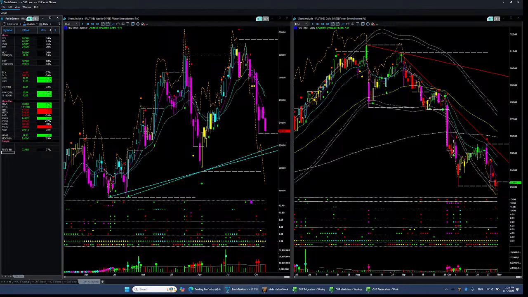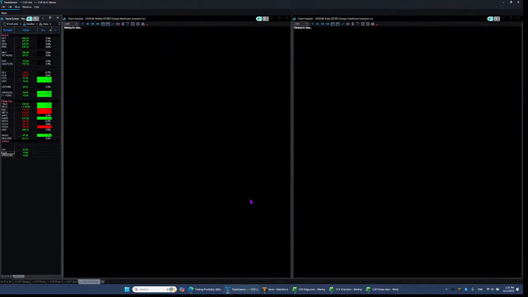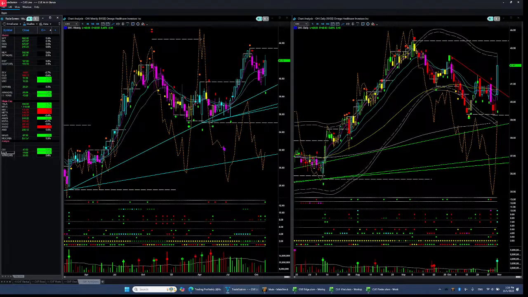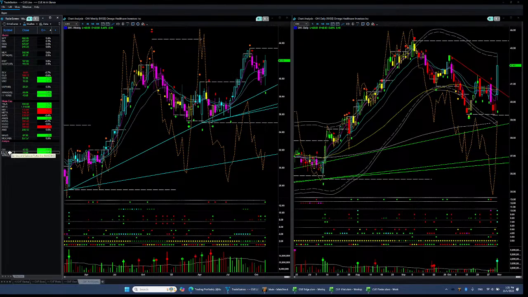Let's see if we can find any 360 degrees trade ideas from these 3, starting with OHI. Nice breakout, but it has a breakout here with a long upper tail. I don't want to buy this immediately.